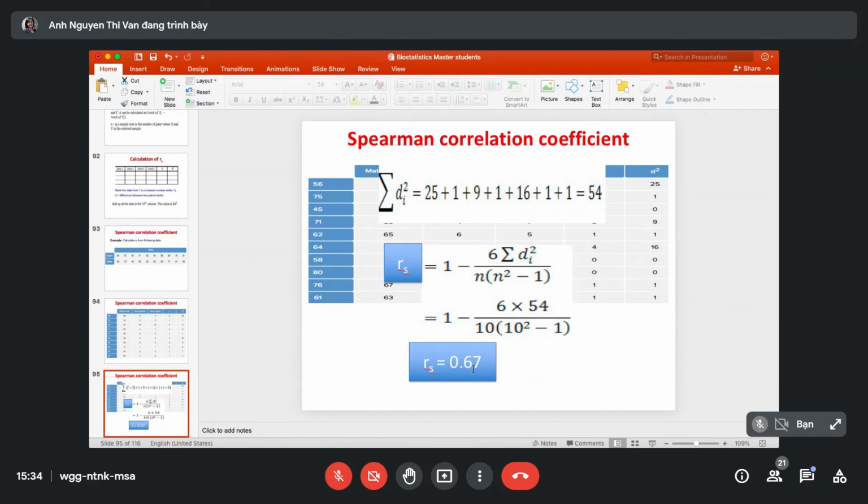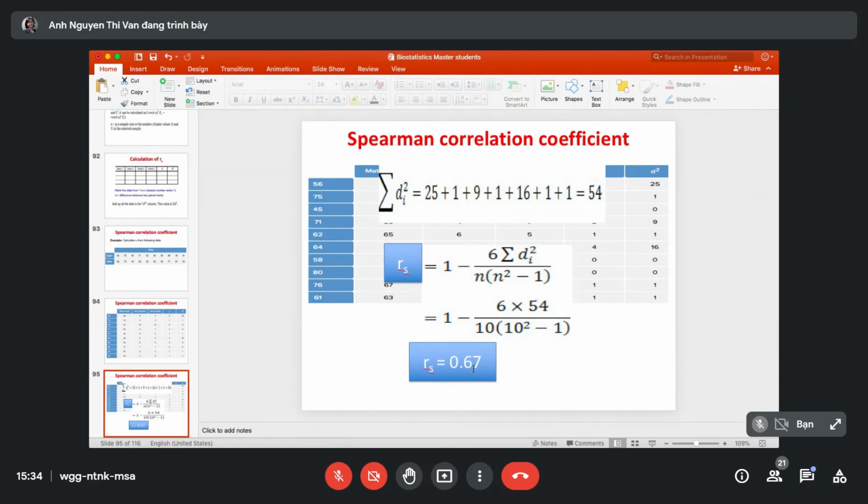Now you can draw a conclusion for the Spearman correlation. When you conclude, you cannot say a linear relationship. You just say there is a correlation here, or more precisely a monotonically increasing correlation between the math and English score, and it's quite strong based on the value of RS.